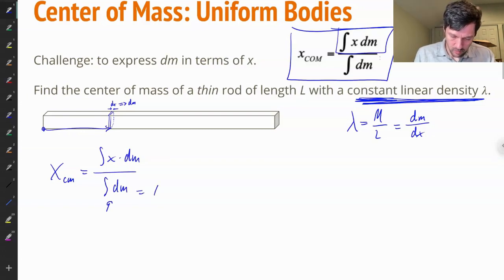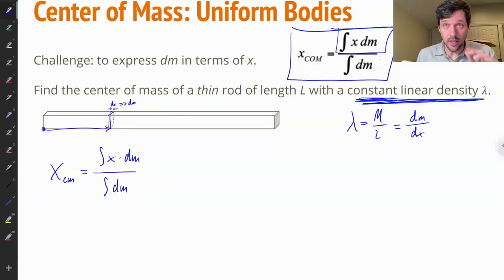Well, that would be the total mass, wouldn't it? Yes, it would, which works. Conceptually, anyway. Algebraically, calculus-wise, we have to pay more attention to what's going on.